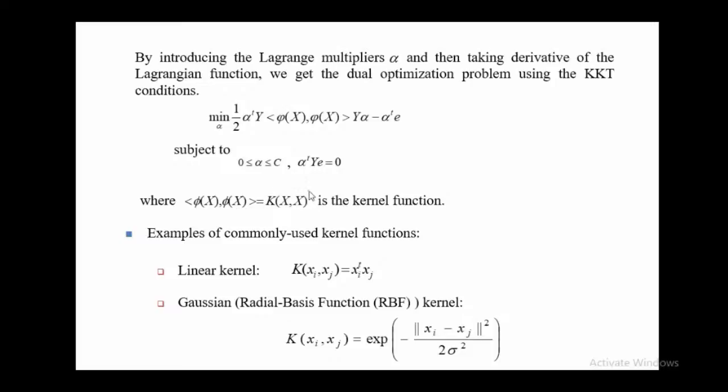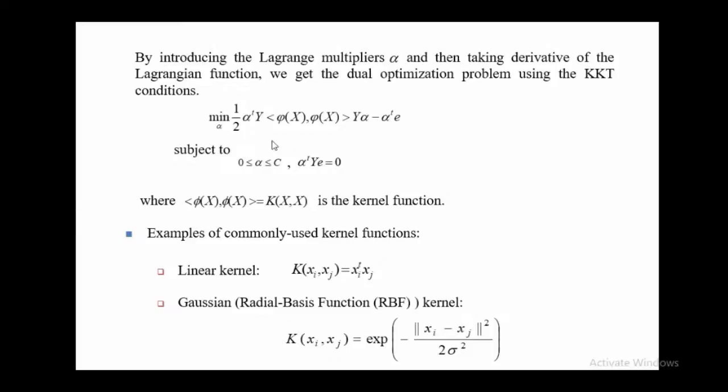One may ask why you are converting the primal problem into a dual problem. You can answer that since we don't know the phi(x) function, when we convert primal to dual, you can easily replace this term by a kernel function.